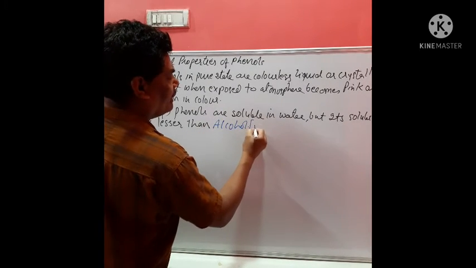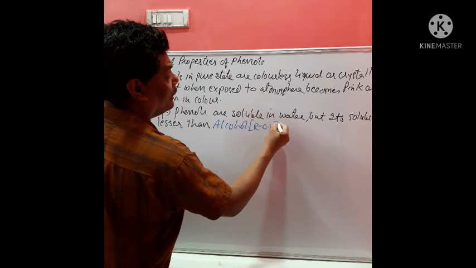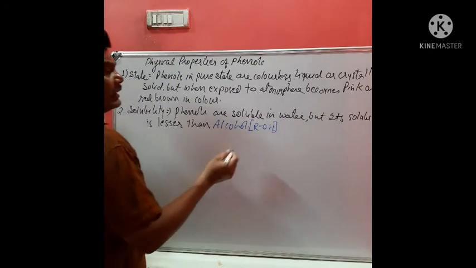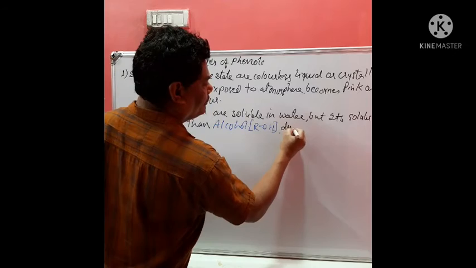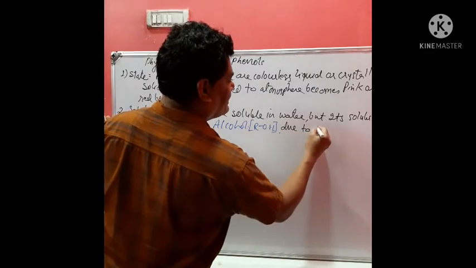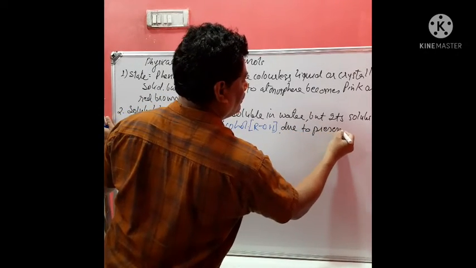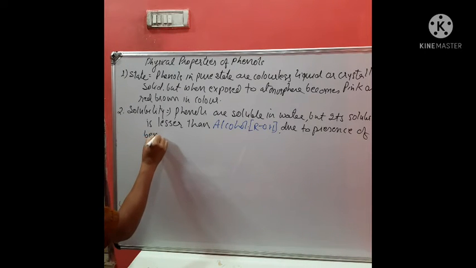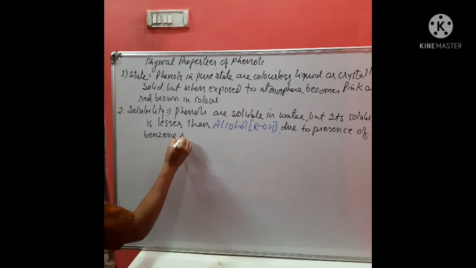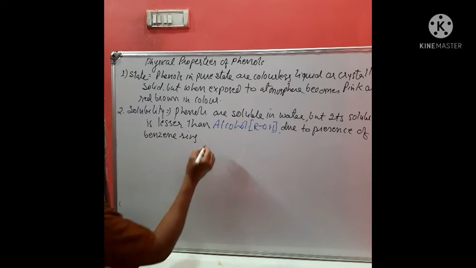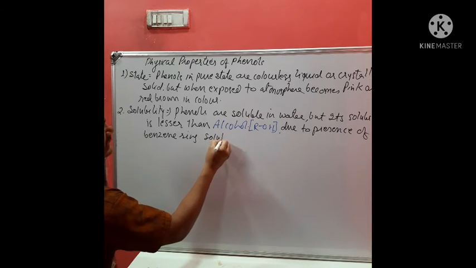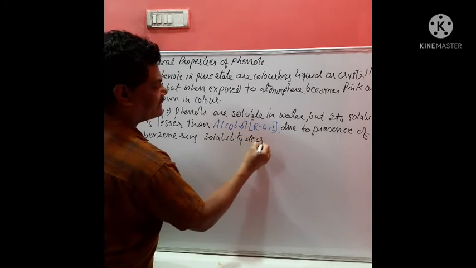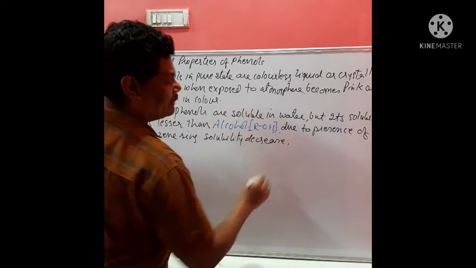Now, alcohols have an ROH group. But in phenol, there is a benzene ring. Okay. Due to the presence of the benzene ring, solubility decreases. Okay.